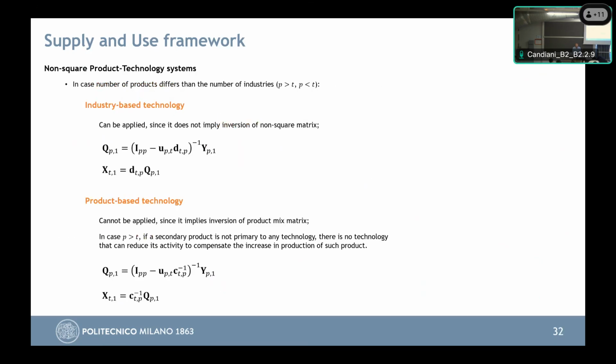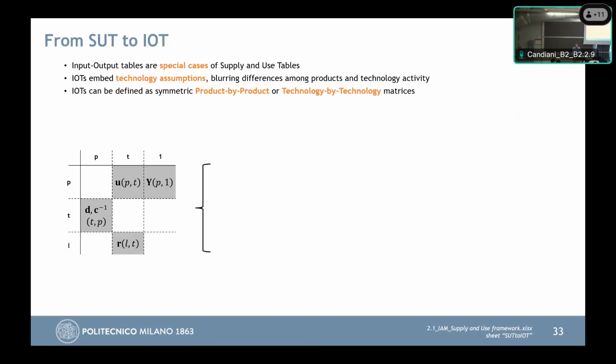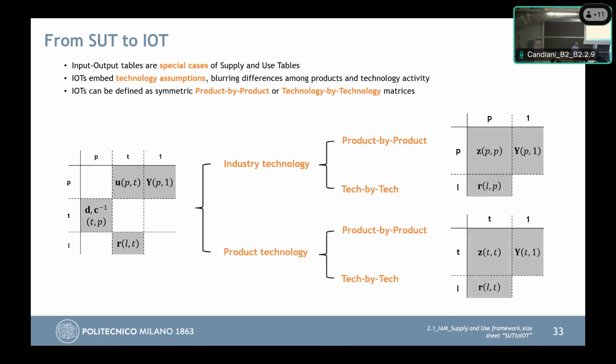Okay, some curiosities. What happens here if we have a number of products different from the number of industries? Just have a look at this. And then, here, simply to say that this may be important to remember. Whenever you are applying input-output modeling, especially during the final projects, you will find a lot of input-output tables out there.